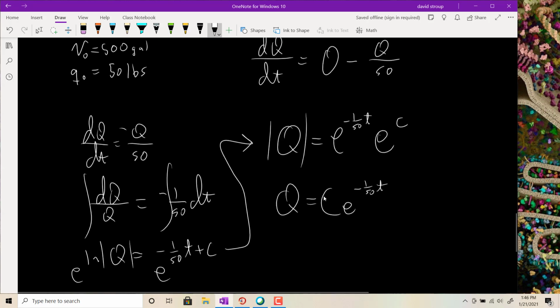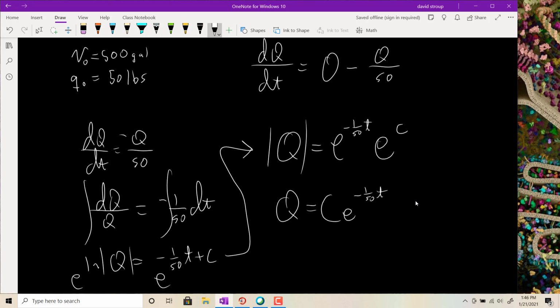And they tell us the initial amount of concentrate is 50. So 50 equals C e to the negative 1/50 times 0, so C is equal to 50. And that gives us our model: Q is equal to 50 e to the negative 1/50th t.